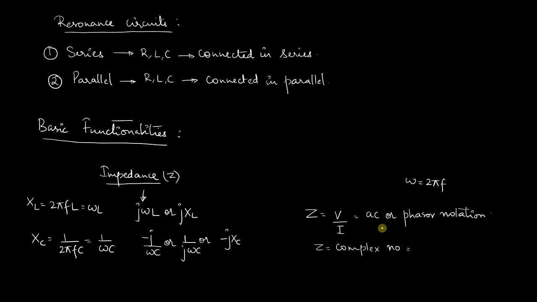When I say AC or phasor notation, this impedance Z gives you the phase shift between the current and voltage.